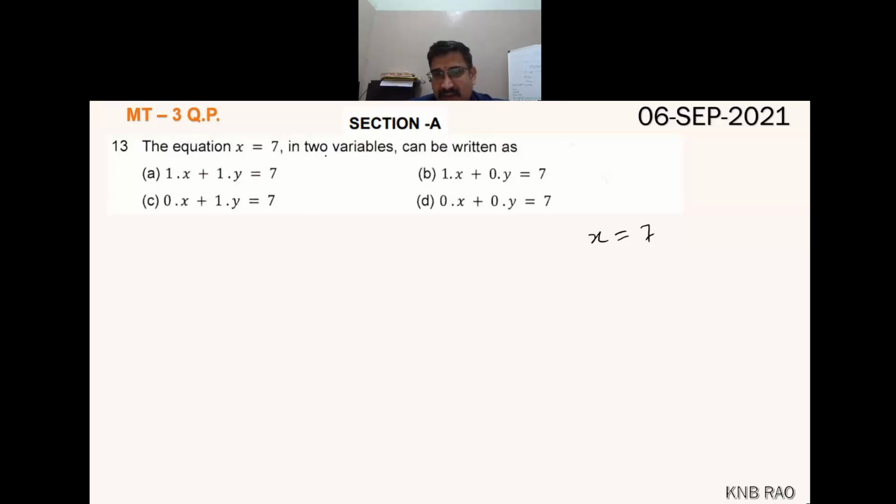Then when you are compelled to write it in two variables, you will do it. How? It is something like 1 into x plus 0 into y, where the coefficient of the variable y is 0, equals 7.